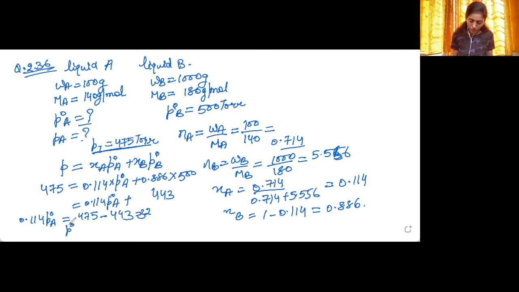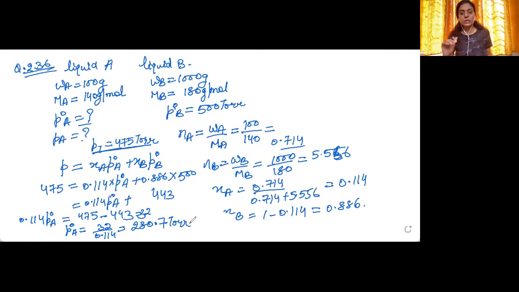So P naught A will be equal to 32 divided by 0.114, which is coming out to be equal to 280.7 torr. So it is P naught A.